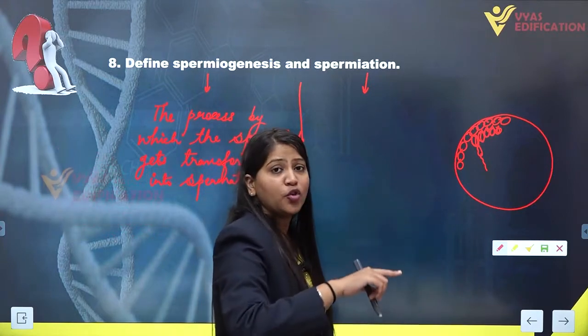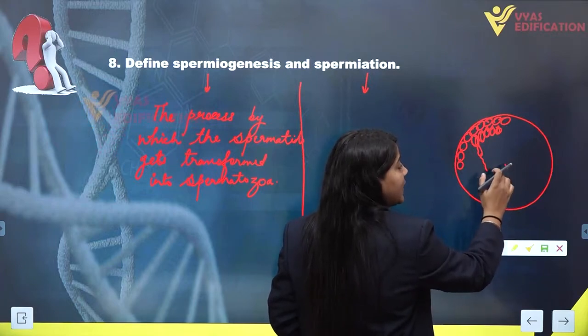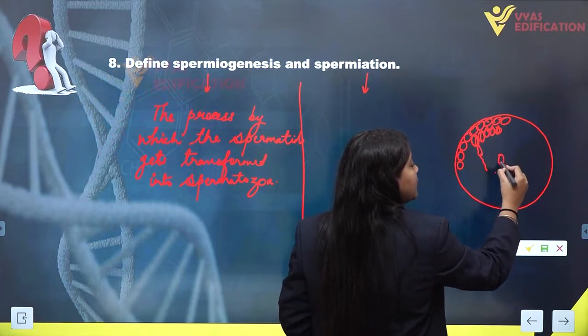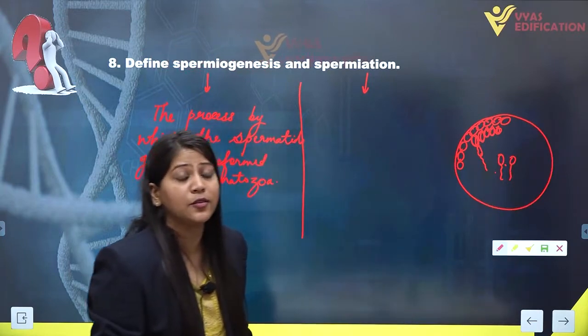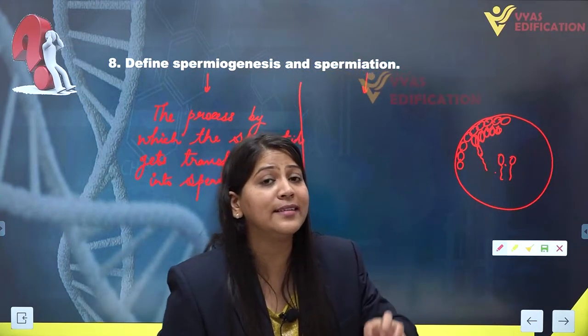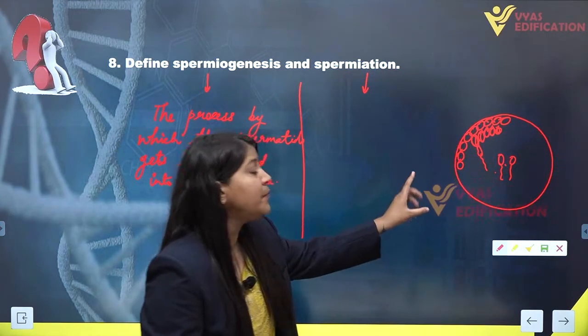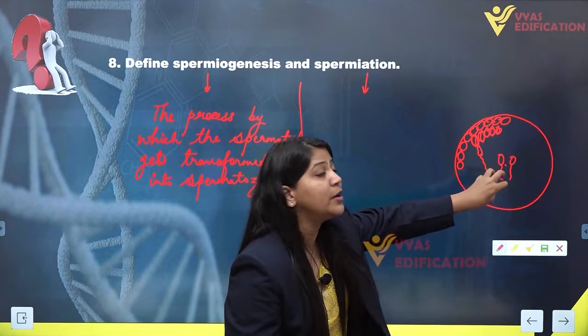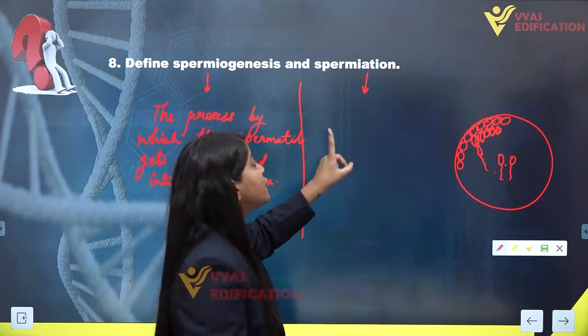After they mature, they are released into the lumen of the seminiferous tubule. This process of releasing sperm cells or spermatozoa from Sertoli cells into the lumen of the seminiferous tubule is known as spermiation.